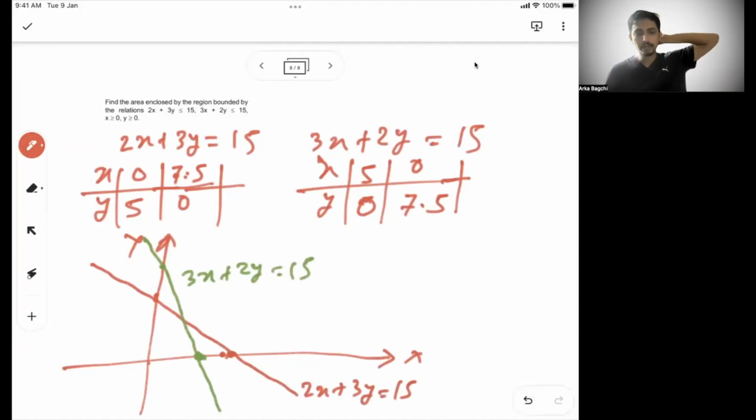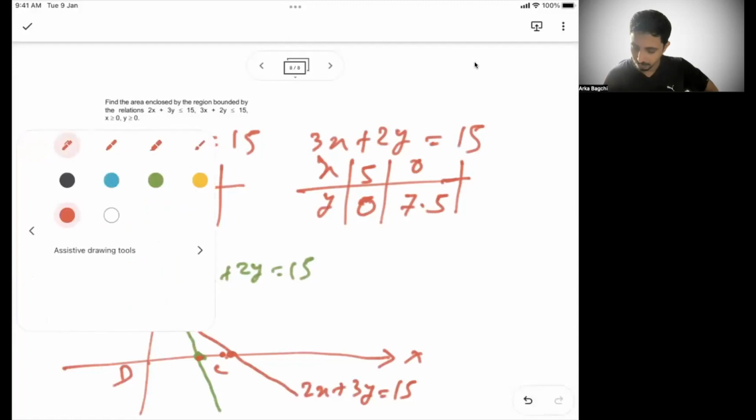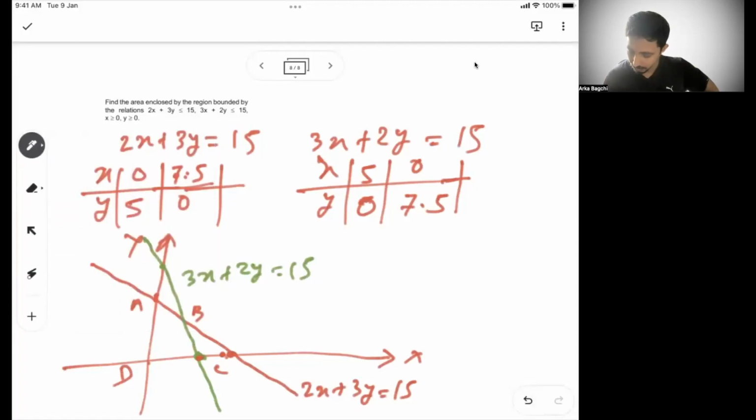Now what we need to figure out is the zone. Let's say A, B, C, D. This zone we need to figure out. C is this point. Okay. So if I have to shade it, this zone is what you need to figure out. Now, for simplicity, I will just remove this dotted line.